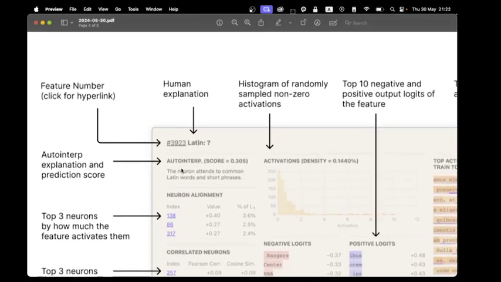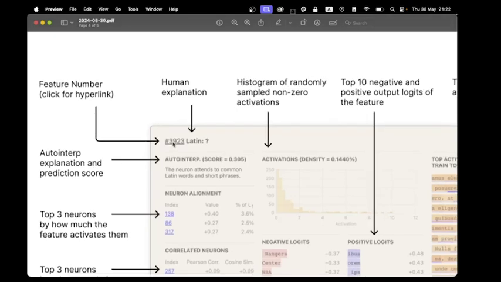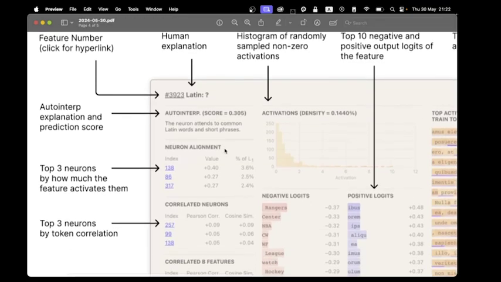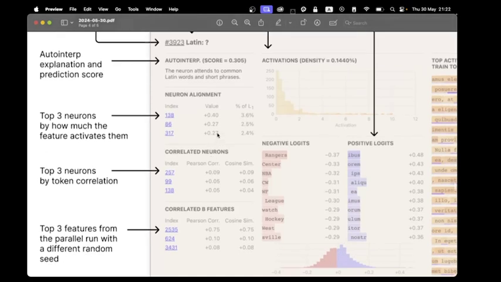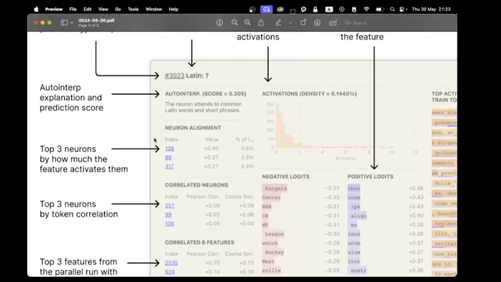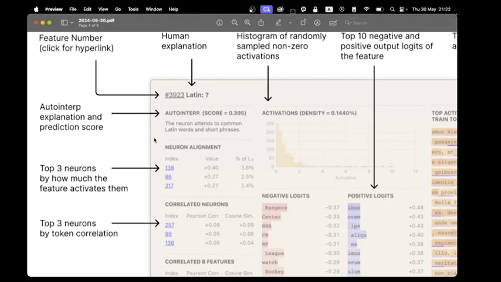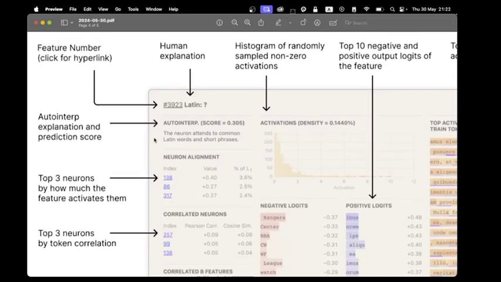So depending on the size of our encoder, we get a number of features, and for each feature we record the neurons in the MLP by how much they relate to the feature.